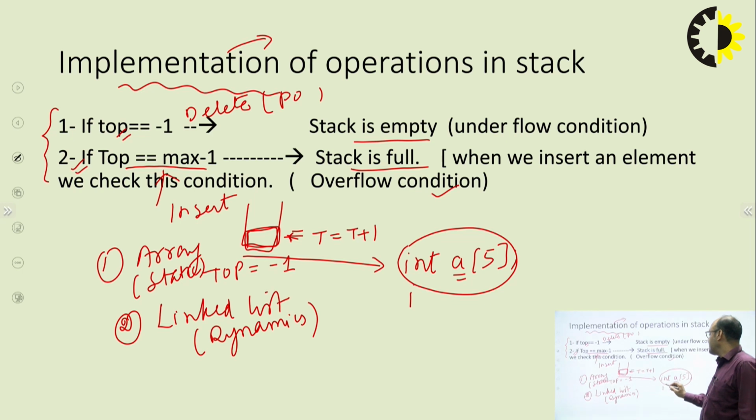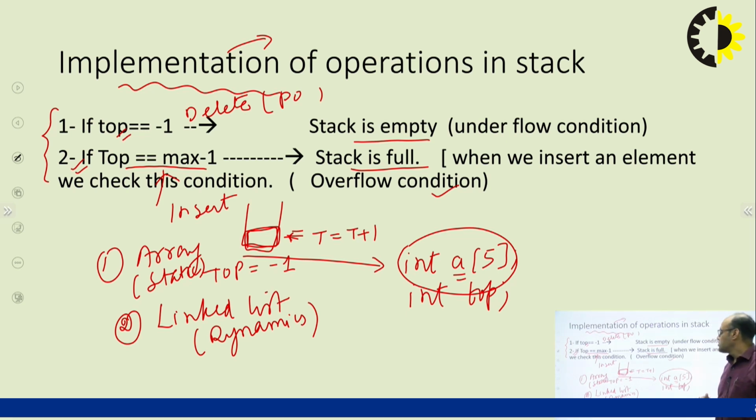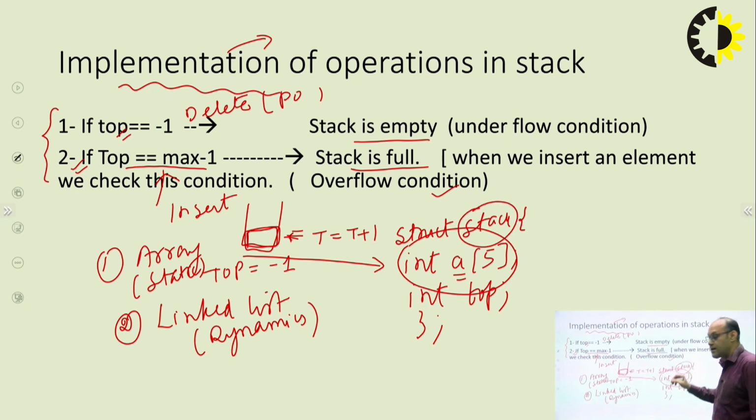Secondly, I have to declare a variable top, which will give me the current location in the stack. For this, the easiest way is to define a structure of stack. We will declare a stack structure. Whenever I declare a variable of a stack, automatically an array is declared, number one, and secondly a top variable is there that will keep track of this element.